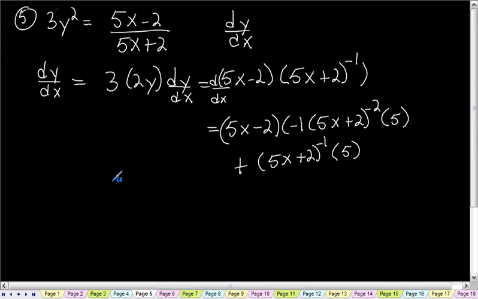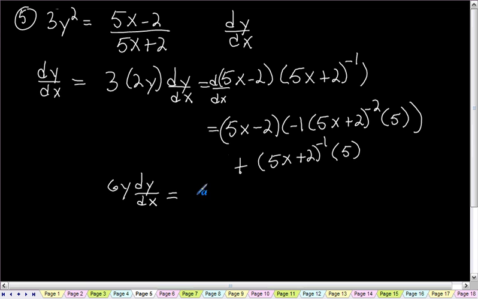So let's simplify this a little bit more. This is 6y dy dx is equal to... multiply this times the negative 1.